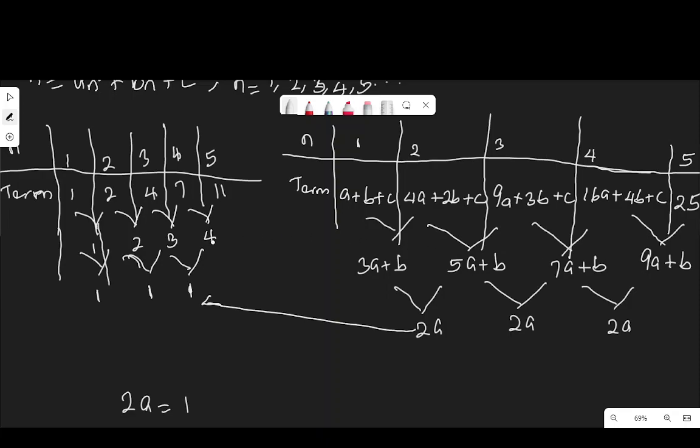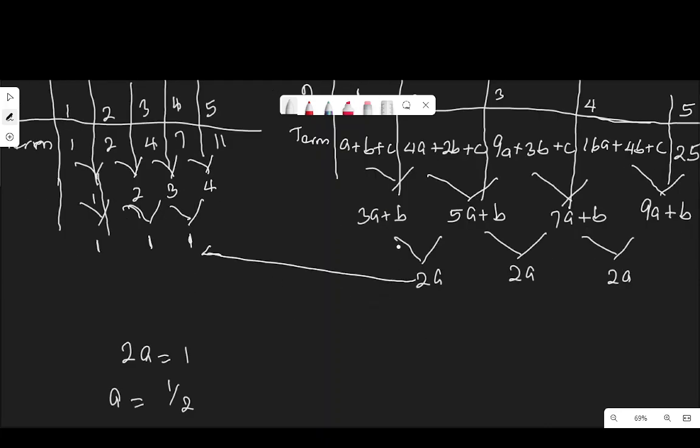Using that information, we can get the value of b. You can take any of these and equate it to the corresponding element in the first table. So I'm taking the first one here, 3a plus b, which corresponds to 1. So 3a plus b equal to 1.